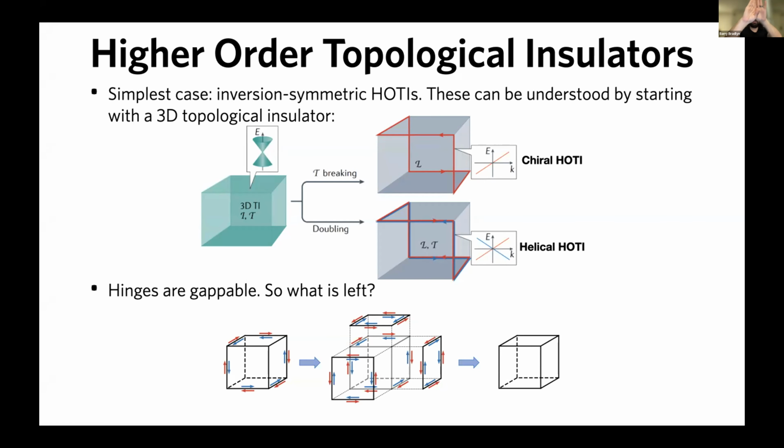The intersections of all of the 2D TIs have edge states that gap out, and there's a remaining set of hinge states that gap out the hinge states of my helical HOTI. So yes, it's highly non-trivial, but it is possible. Does that answer your question? Yeah, sure. Okay.